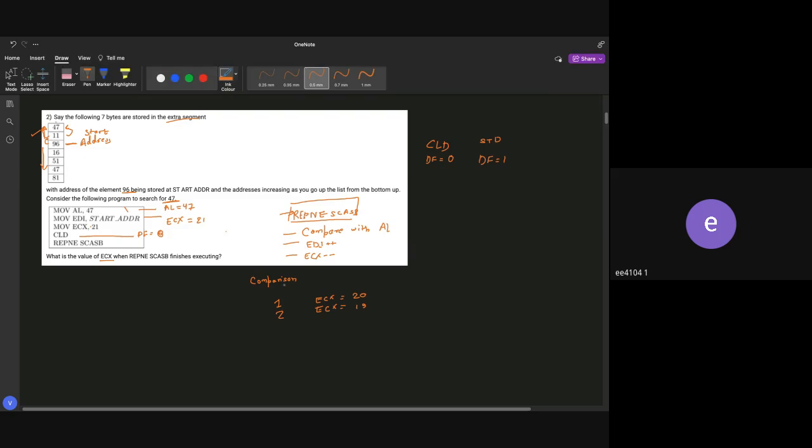Okay, so after the second comparison, it will decrement it to 19, right? Now again, it will compare to 47. So again, since it is satisfying the condition, still it will decrement the ECX by 1.